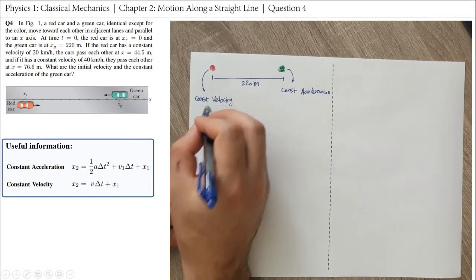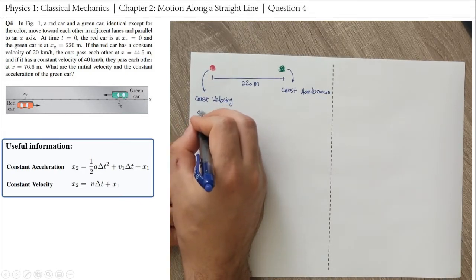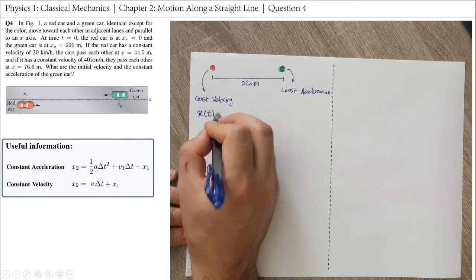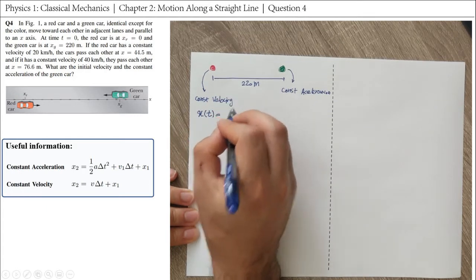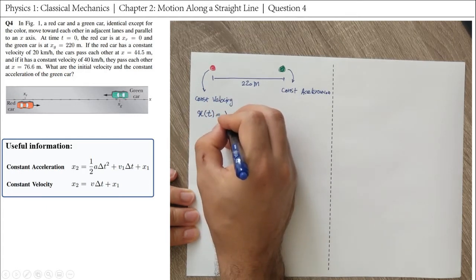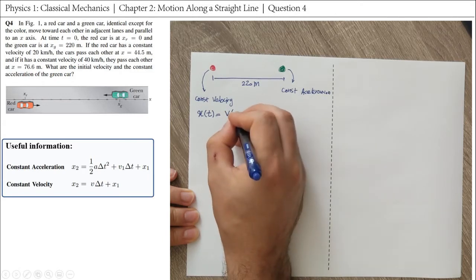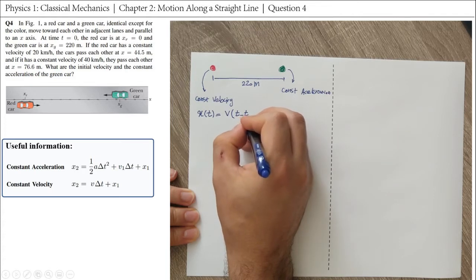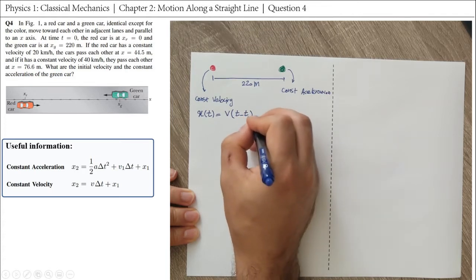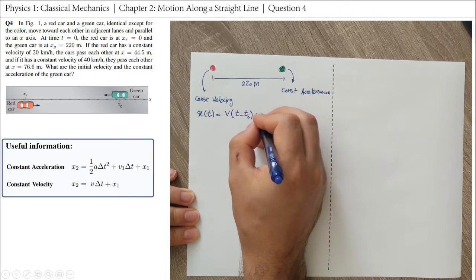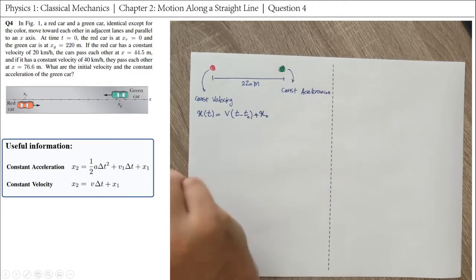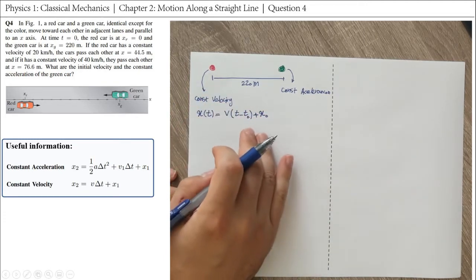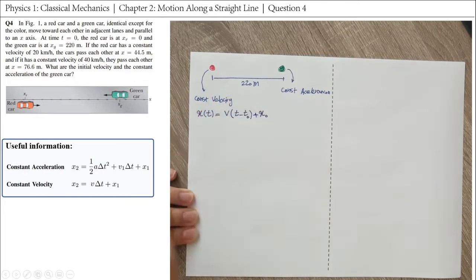For constant velocity, we can write x position in terms of t equals the velocity times delta t, or t minus t naught, plus x naught. Now, this is the equation for constant velocity. This is just a generic equation, doesn't have to do anything with this question, okay.